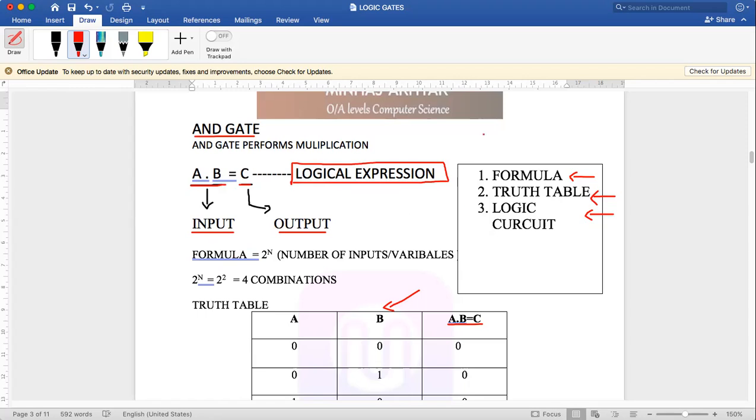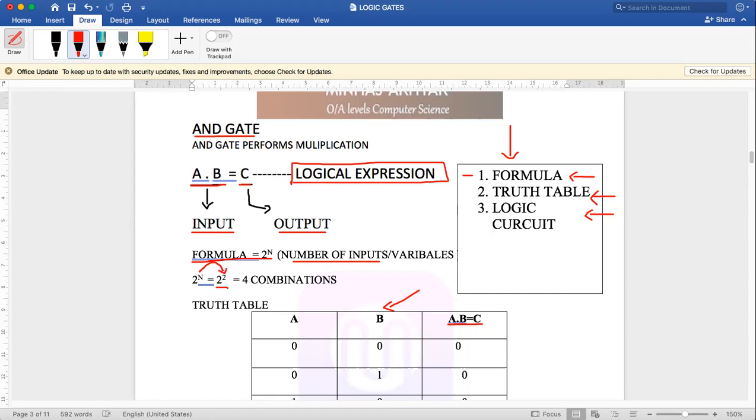Okay, so now I'm going to start the question. As I told you, we have to perform 3 steps. Step number 1, formula. So I'm using the formula 2 power n. What is n here? n means number of inputs. Can you tell me how many inputs we have? See the logical expression? 2. Yes. So instead of n, I write 2 here.